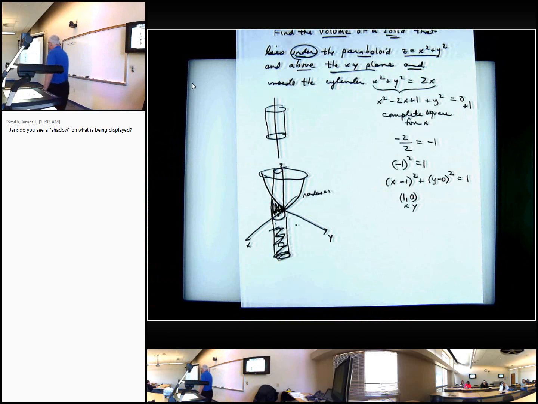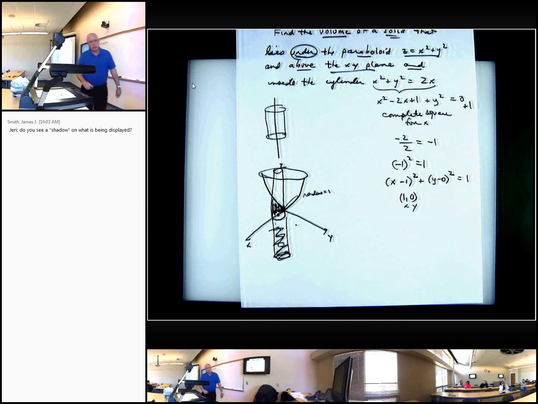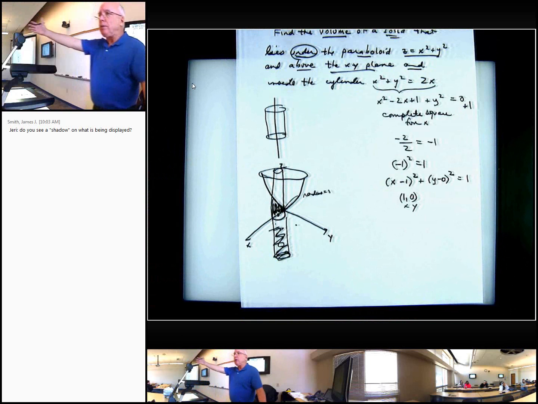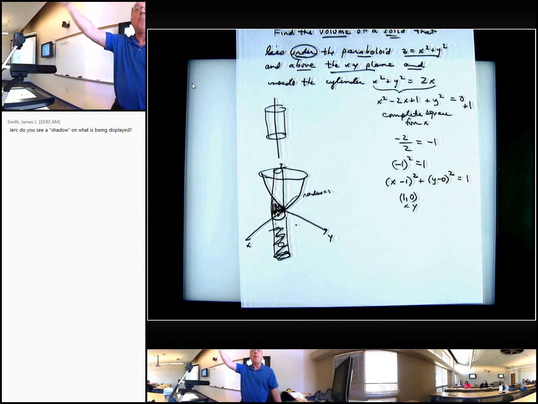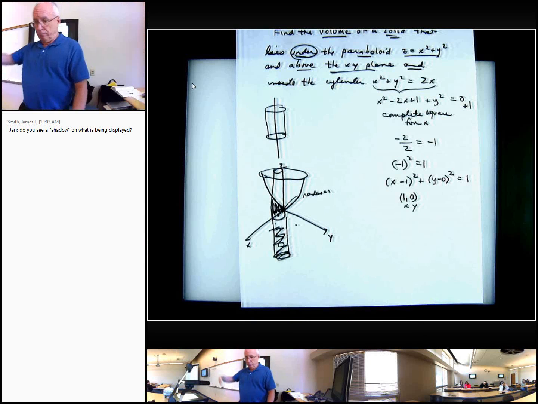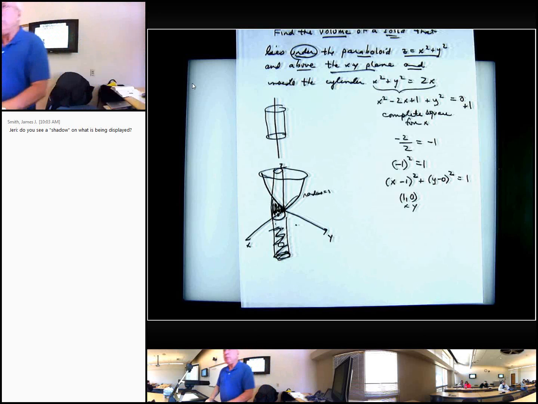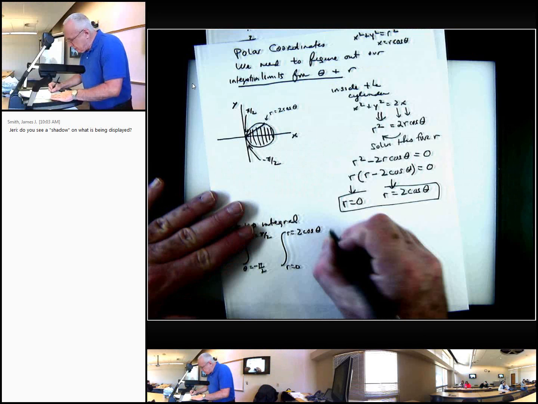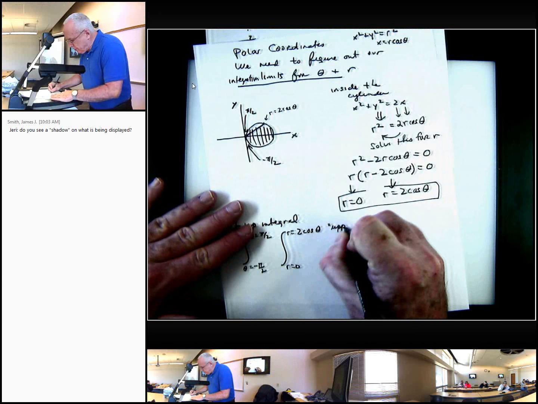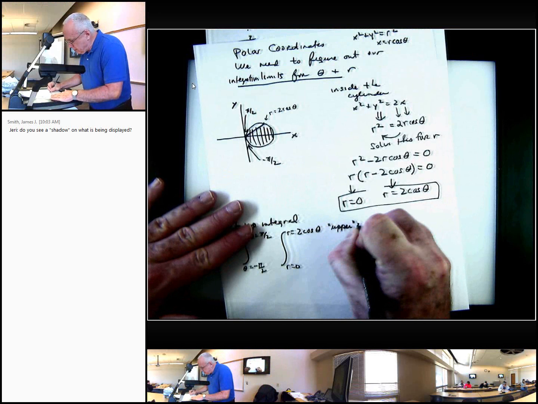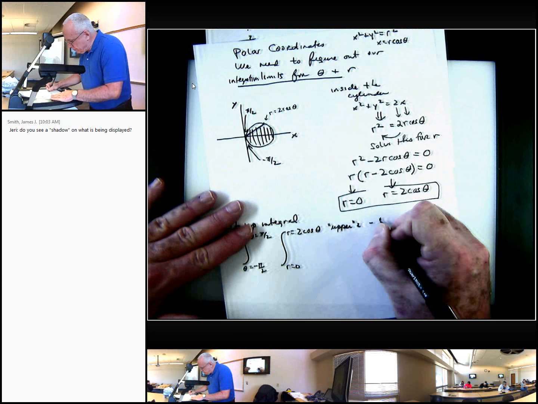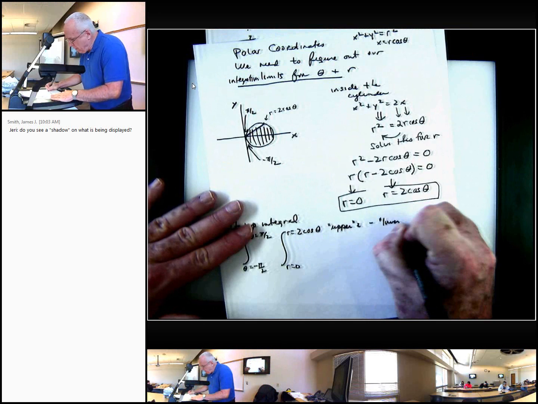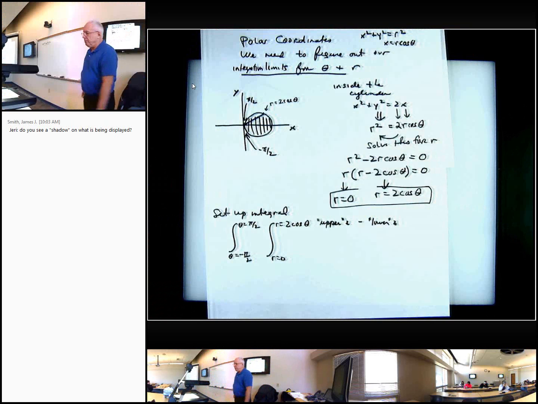What we have to put in here in our integral is our top or upper z minus our lower z. And I mentioned that the last time. So we want to look at, and this is just very informal, upper z minus the lower z. And that'll give us our volume.